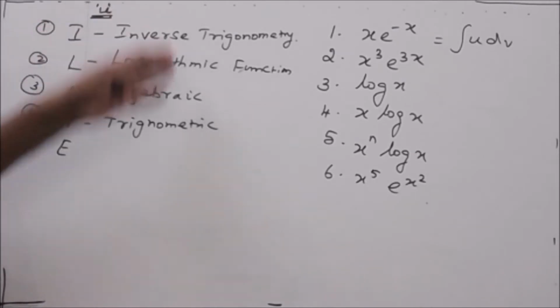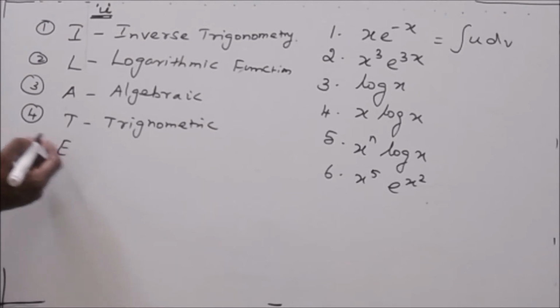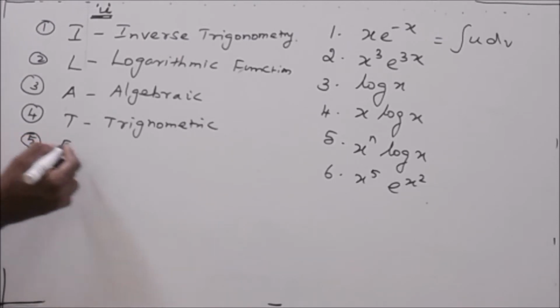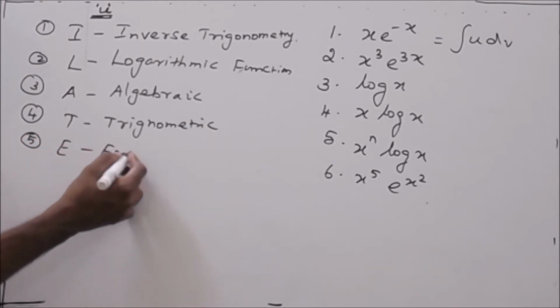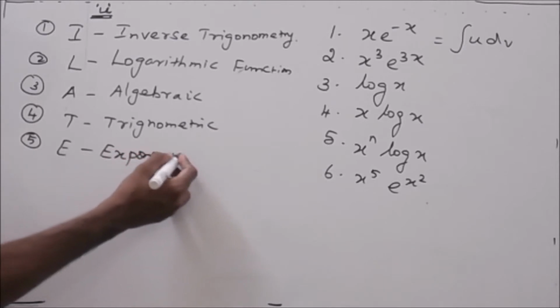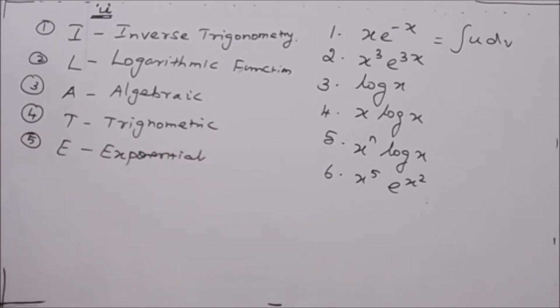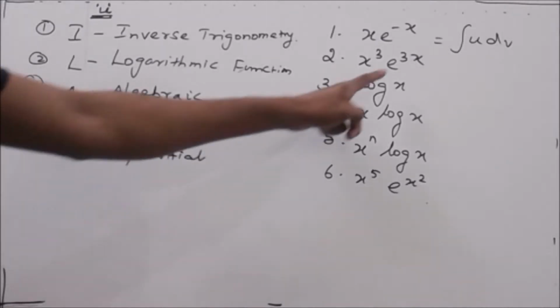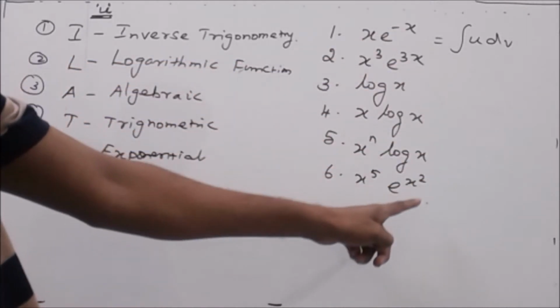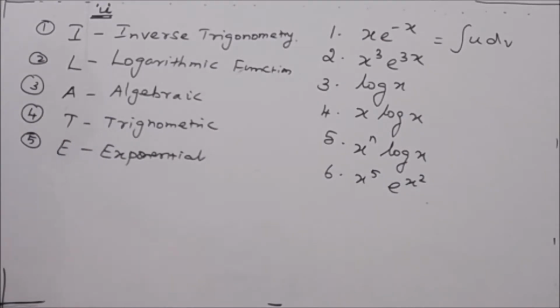And if these four do not appear, the exponential function appears. The fifth one is the exponential function: a power x, e power x, e power 5x, e power 3x, e power minus x, e power 2x, e power x square, these are all exponential functions. The last priority is given to exponential functions.